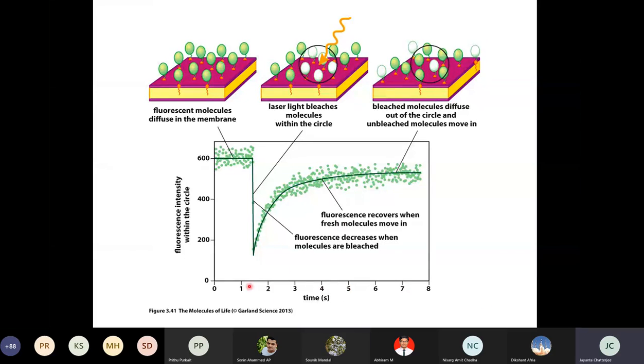So the answer is hidden in this time frame. This very fast recovery after the bleaching indicates that it's not the molecules that were bleached regaining fluorescence, but instead some other molecules have come into the point of focus and replaced them.